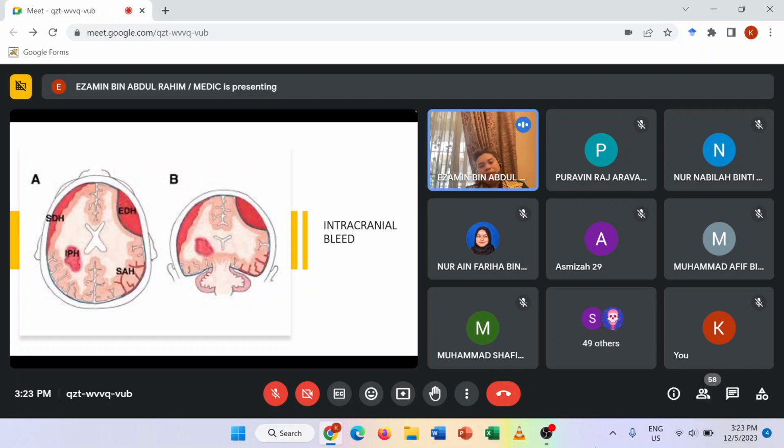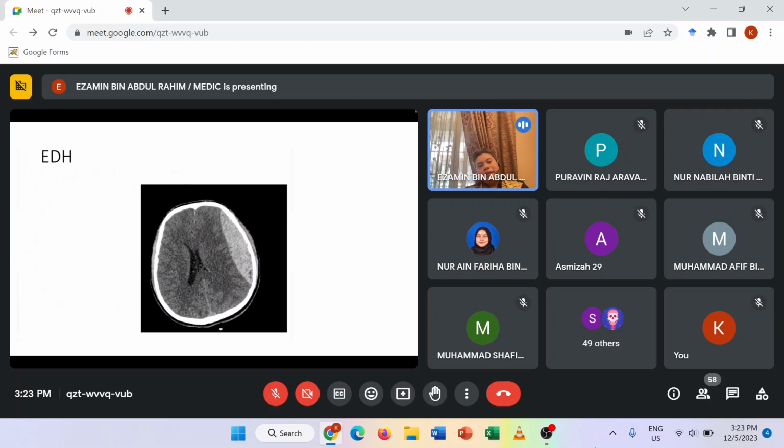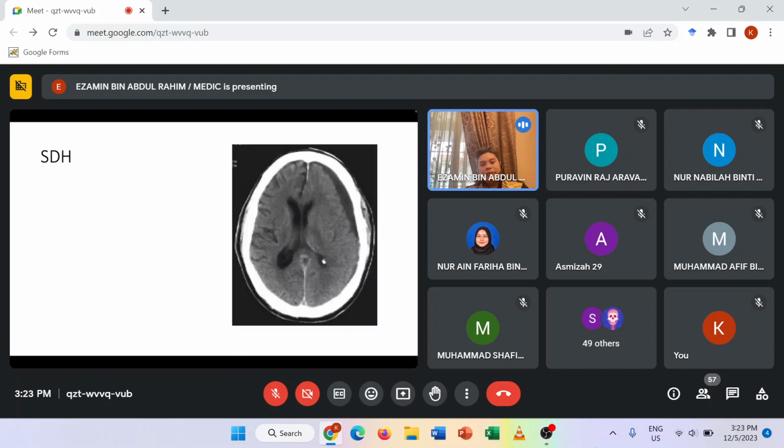So this is the basics you should know by now. Again, this extradural bleed is most of the time caused by trauma.